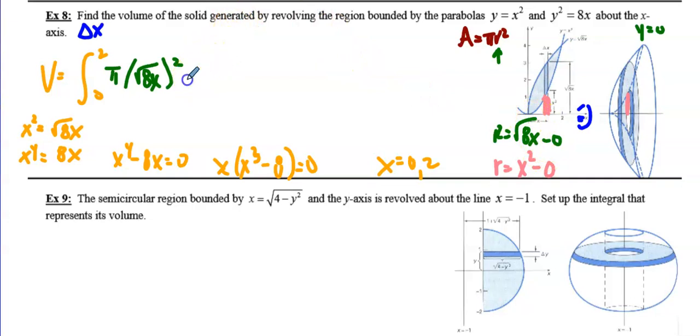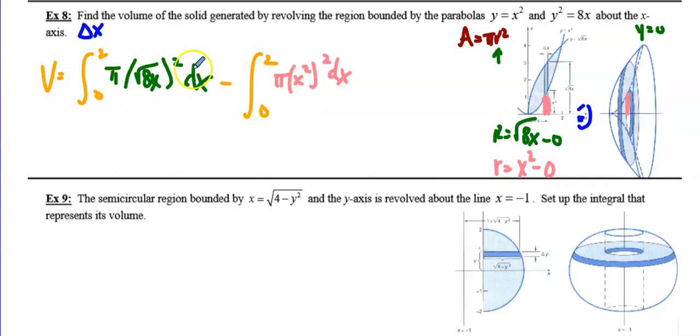And so we're going to go ahead and do dx for this one, and so that's going to give us the area of our actual rectangle. And then we're going to subtract from 0 to 2 our small one. So this is going to end up being pi, and our radius is going to be x squared dx. All right.